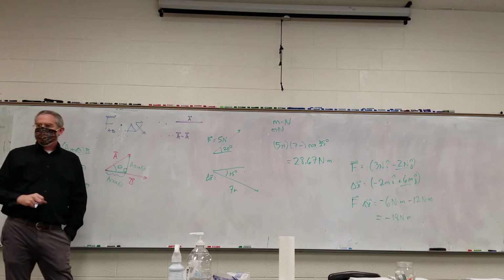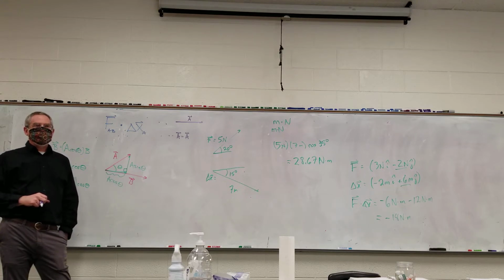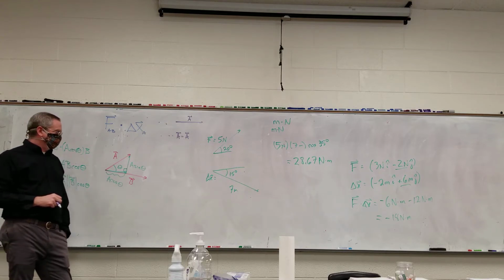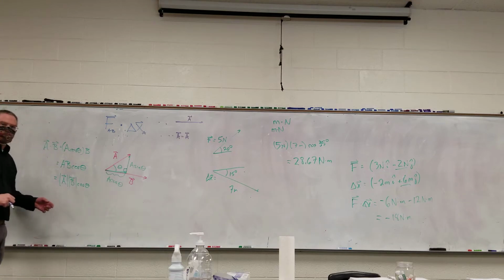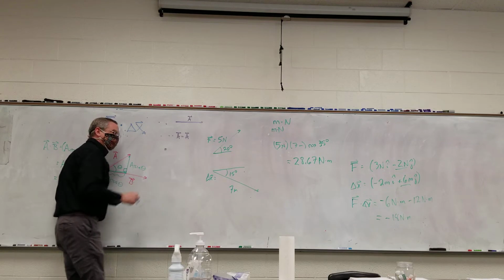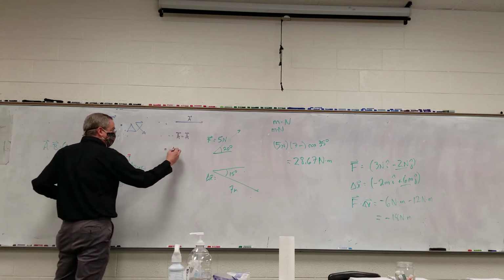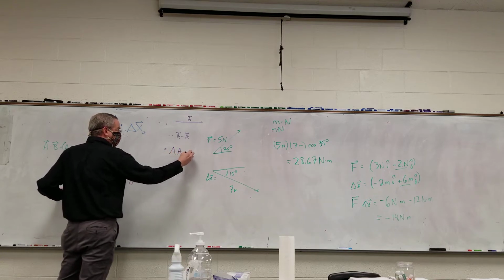What is A dot with itself? A squared. Because, looking at the formula here, it's the magnitude of one times the magnitude of the other one times the cosine of the angle between them.